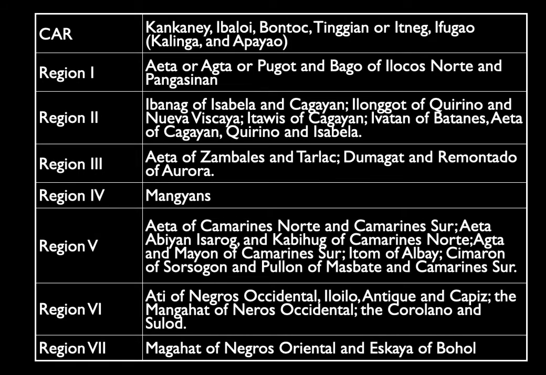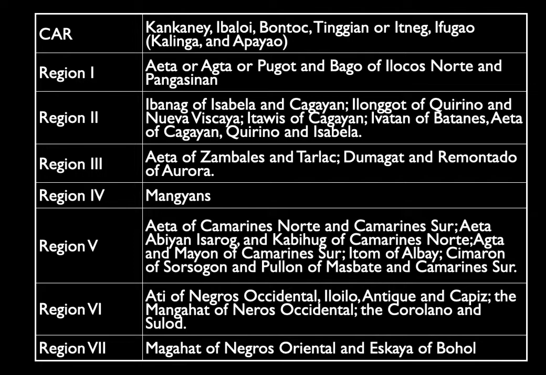In CAR, or the Cordillera Administrative Region, we have these IPs called the Kankanay, Ibaloy, Bontok, Tingguian or Itneg, and Ifugao. This is in Kalinga and Apayao. In Region 1, we have the Agta or Pugot and Bago of Ilocos Norte and Pangasinan.